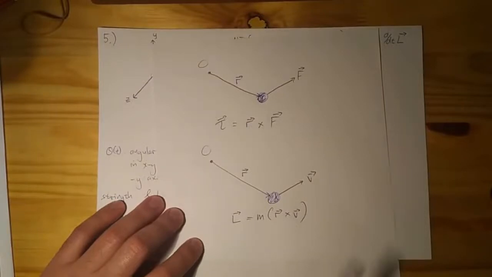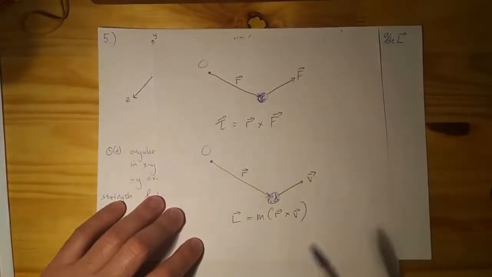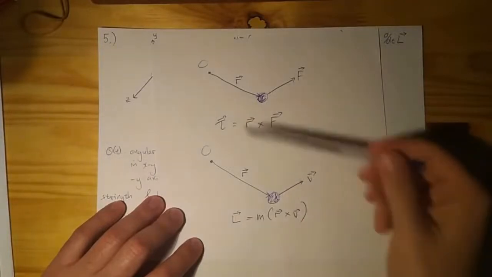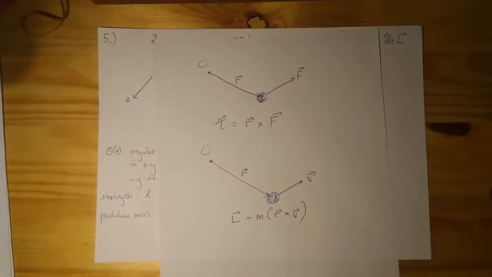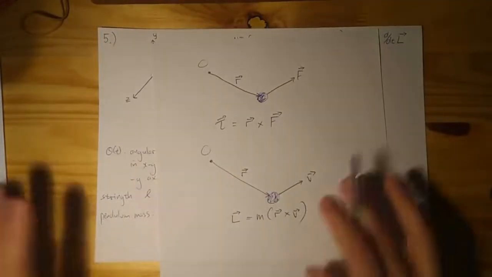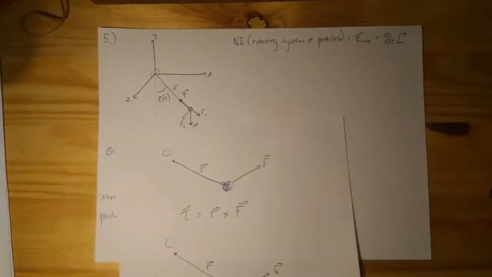Good. In our case, this thing will just be the pendulum ball or whatever it is. So you can go and look up torque and angular momentum in your physics textbooks. Okay, but I provide the form here. So we need to know how to calculate cross products to do this problem. Okay, now let's start.